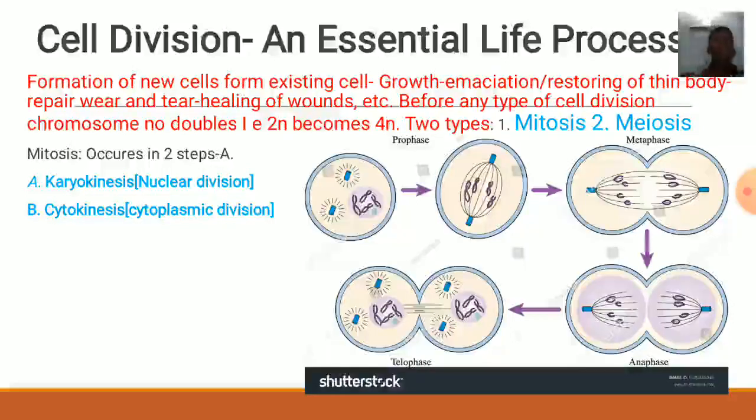Before any type of cell division, the cell doubles its chromosome number present in the nucleus. That is, if the chromosome number is 2n, it doubles to 4n.